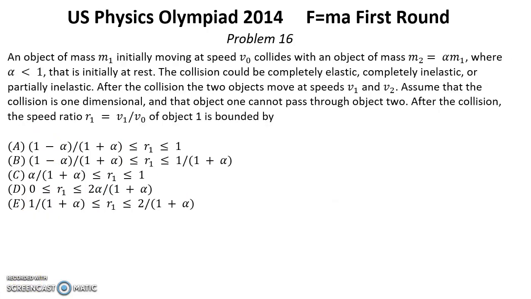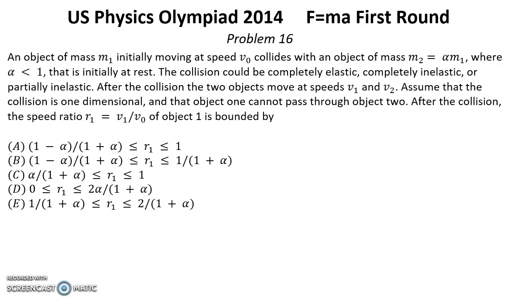Problem number 16. An object of mass m1 initially moving at speed v0 collides with an object of mass m2 equal alpha m1, where alpha is less than 1, that is initially at rest. The collision could be completely elastic, completely inelastic, or partially inelastic.